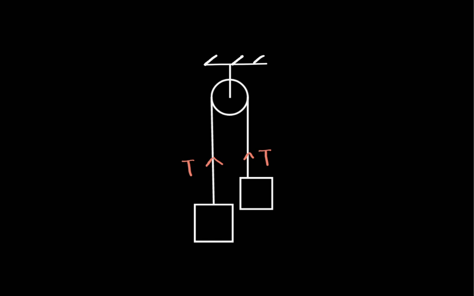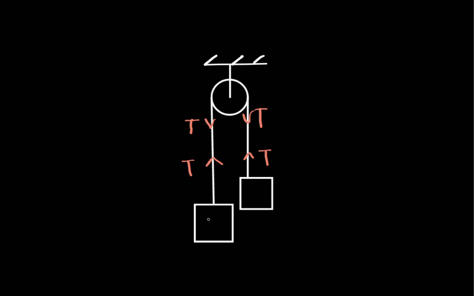We know that for a mass on one side of the string, the tension will always act away from the object, just like here with the pulley, so the tension acts on this side and like this.